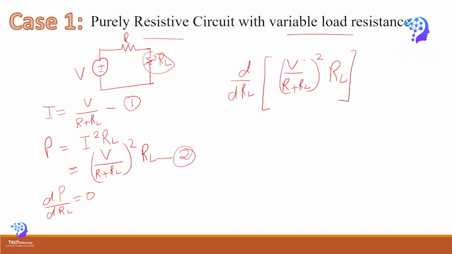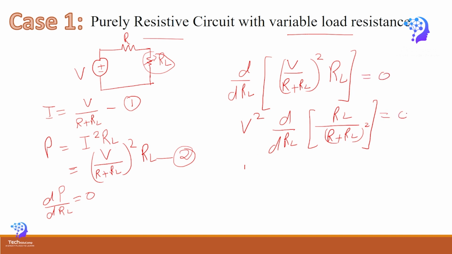My V square will come out because it is a constant, and it will be d upon dRL of RL upon R plus RL whole square. Differentiating using the quotient rule, this will be equal to 0.